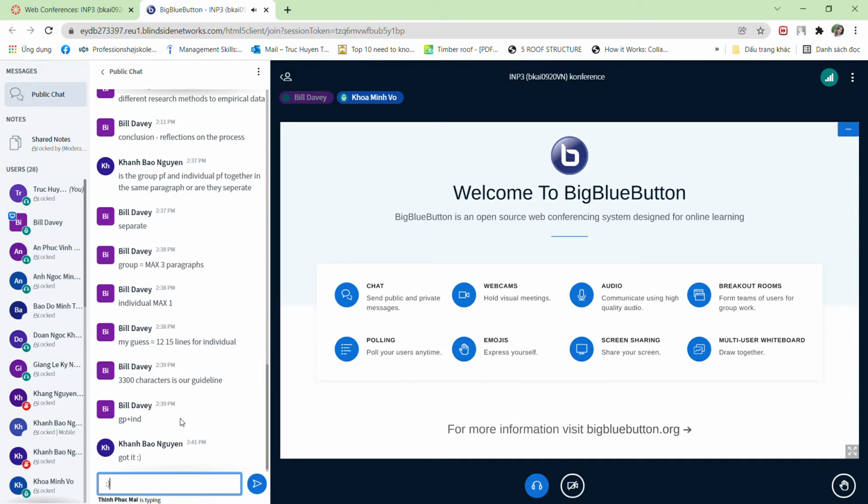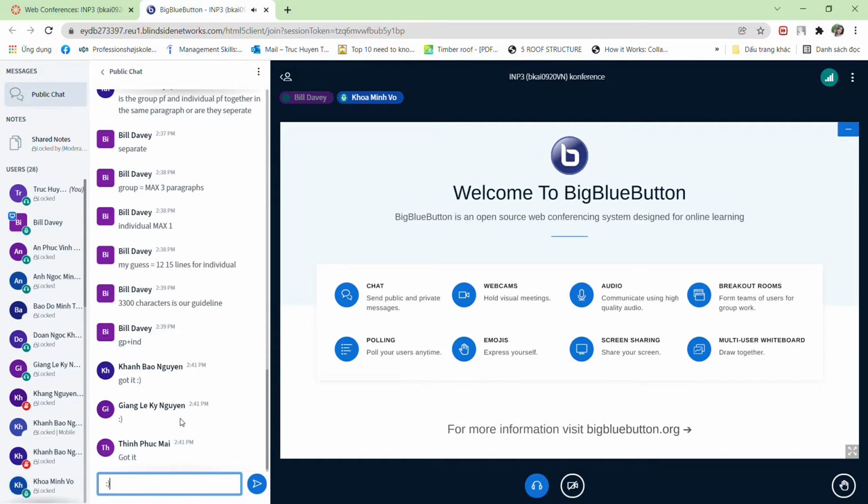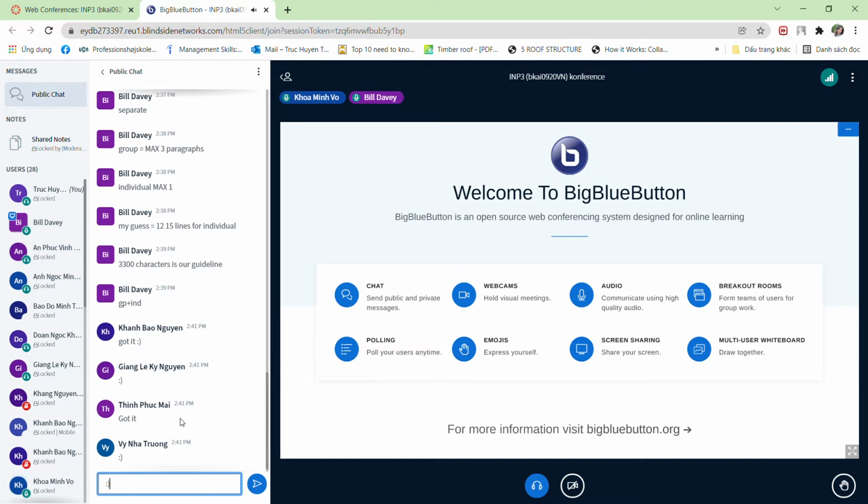May I ask another question? Please do. In the middle of the paper where we write about the methods and our coding process, is that part individual or group, or will we need to have both?